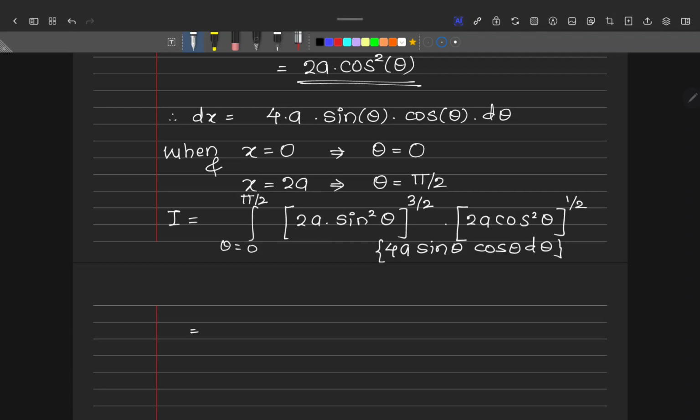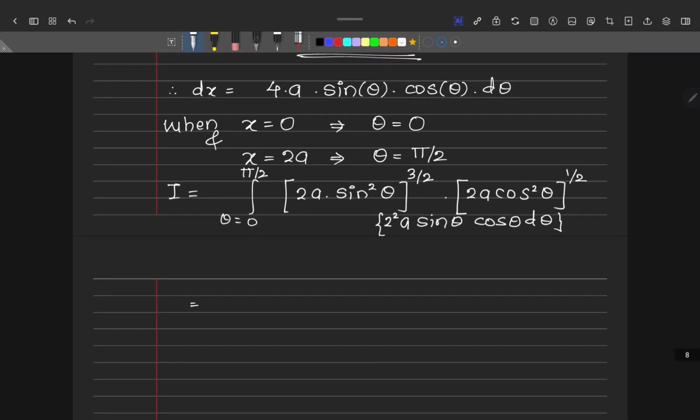So let's take those constant terms outside. For the sake of simplicity, we write that 4 as 2 square. Let's collect the terms containing 2 in each bracket along with their powers. Here the first bracket contains 2 raised to 3 by 2, the second bracket contains 2 raised to 1 by 2, the third bracket contains 2 square. Similarly for a: 3 by 2, 1 by 2 and 1.